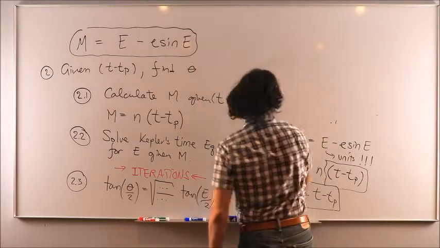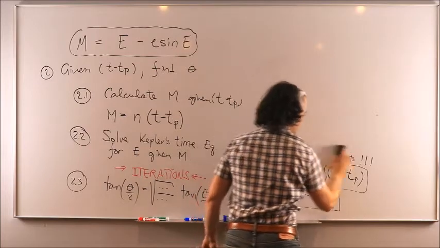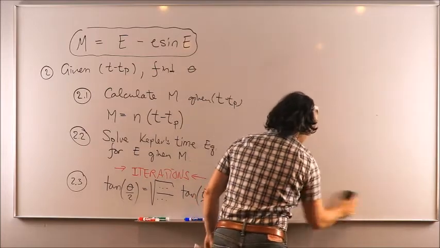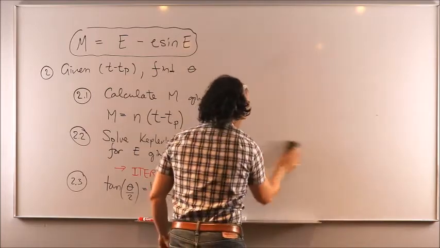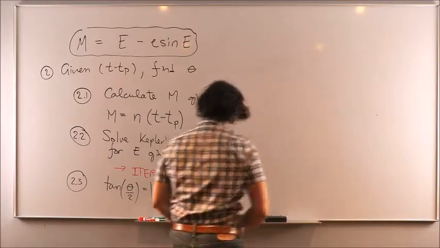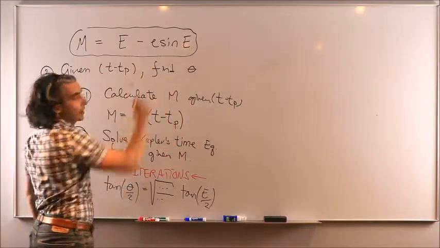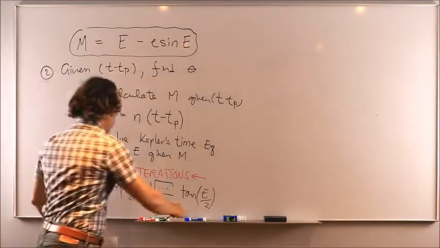That equation is known as a transcendental equation. And this is why it cannot be solved directly for the unknown on this right-hand side here. Okay?